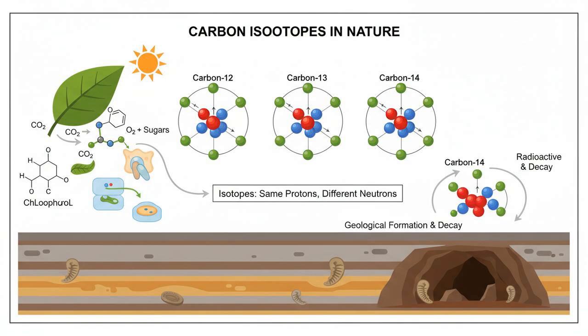For instance, lighter isotopes like oxygen-16 evaporate from the ocean faster than heavier ones, like oxygen-18. In geology, when magma cools to form rock, certain isotopes lock into crystal structures at different rates depending on the temperature and pressure. In biology, plants actually prefer lighter carbon-12 over carbon-13 during photosynthesis.